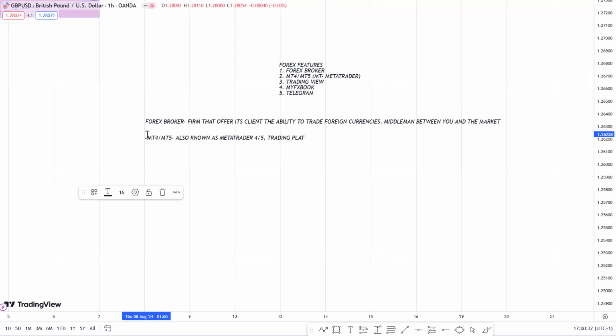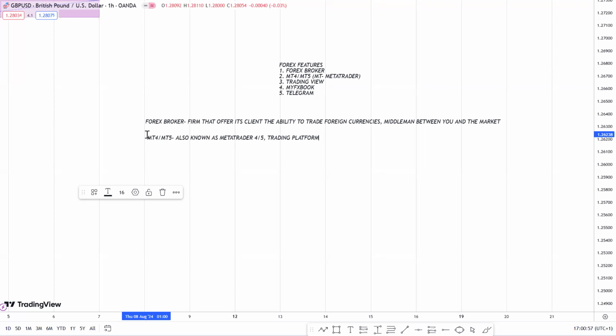As we have forex brokers, we have trading platforms. So the first thing, you have to have a broker, then you have to have MT4 or MT5 so that you can access their trading platform. The broker gives you the ability to trade foreign currencies, and gives you a firm where you can put your money. MetaTrader 4 or 5 are the trading platforms where you go to trade.